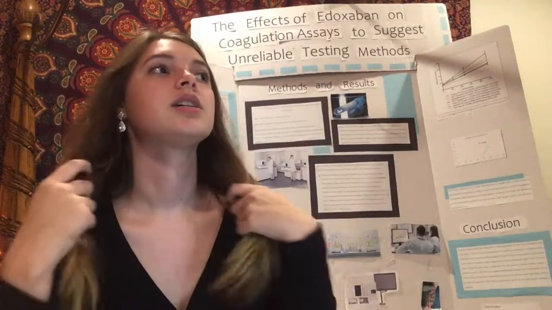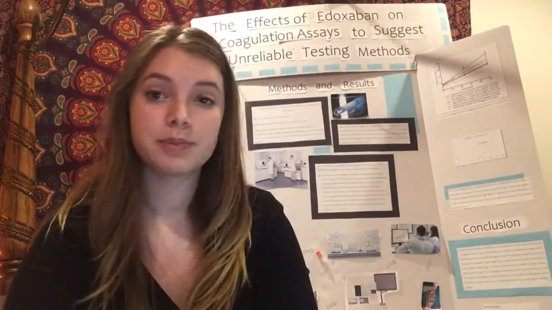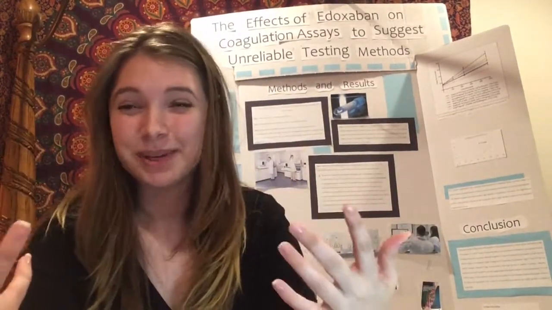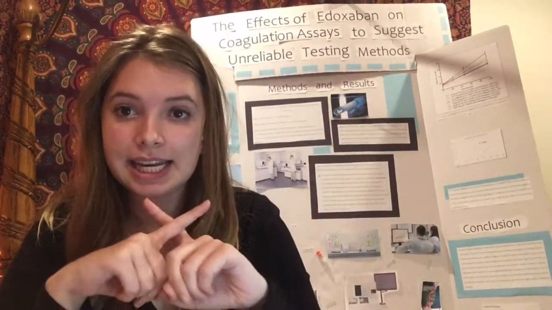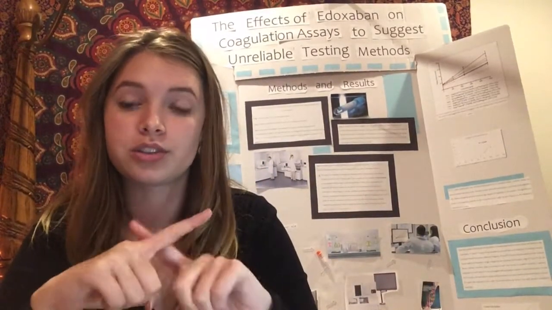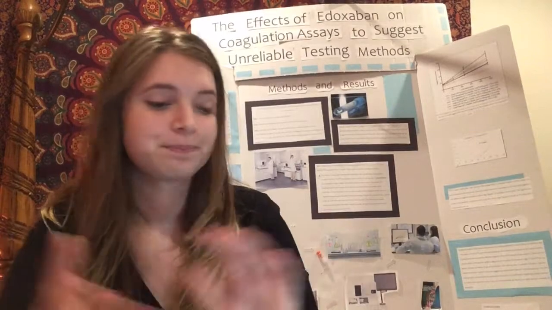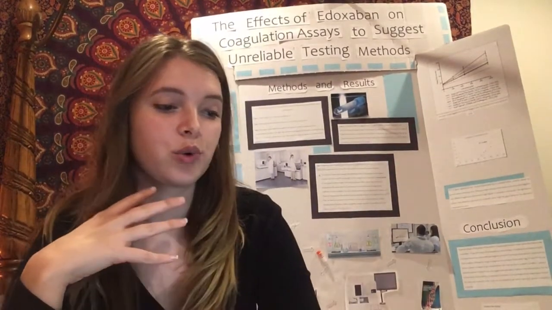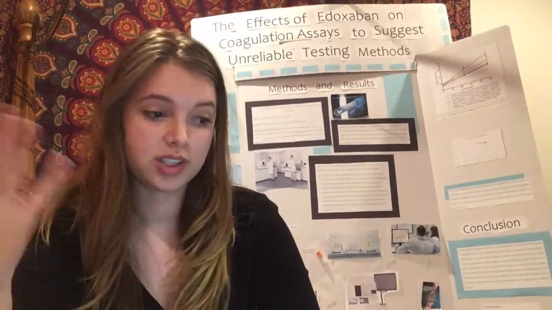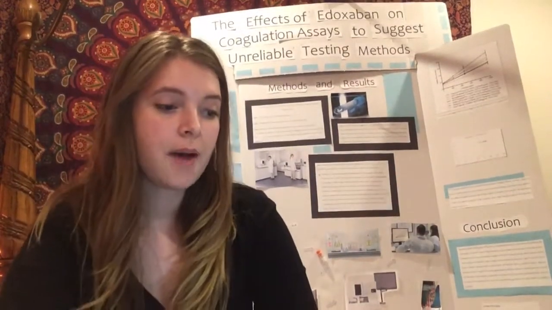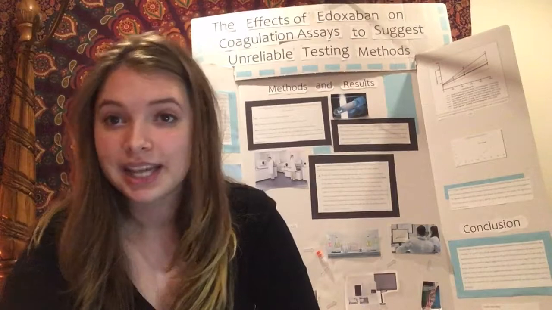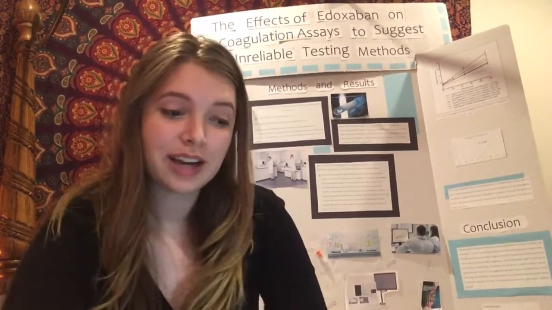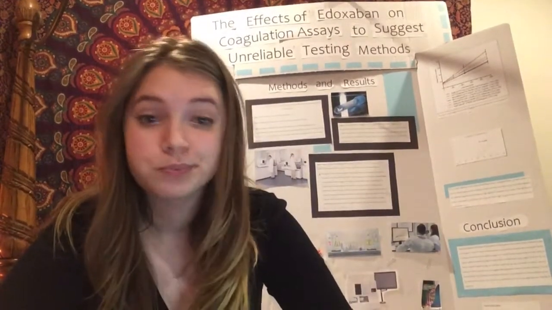The reason we're talking about that is because, like I said earlier, edoxaban is a factor X inhibitor. That's how this drug prevents clotting. So routine coagulation testing is useful in many patients to detect the ability to clot, but for those taking medications, I'm proposing that routine testing isn't reliable.